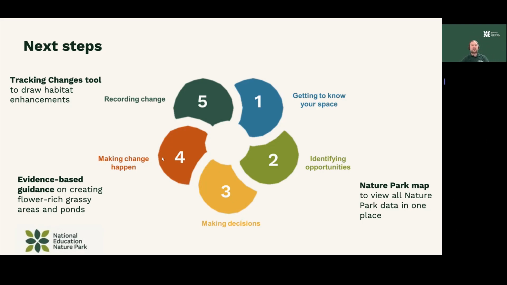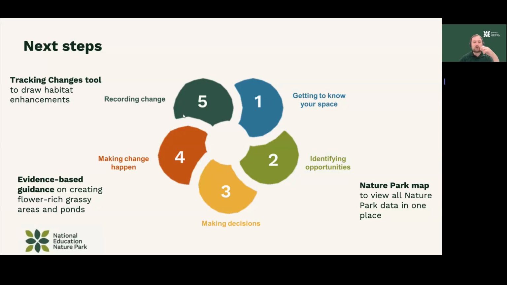Then making that change happen using the evidence-based guidance that we've got. So we've got guidance on changing grey to green, on creating flower-rich grassy areas, and then also on ponds as well. And then once you've made those changes, making sure that you record them through the tracking change tool. Let's say you've got an area with a couple of flowers on, you've mapped it, you've done a pollinator count there.